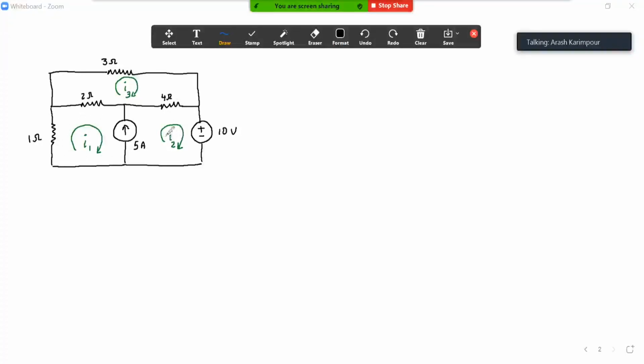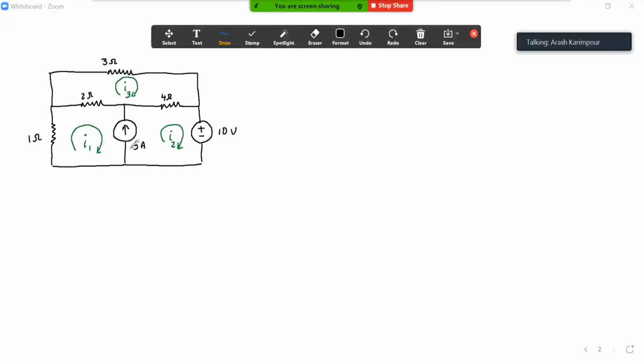The same goes for the second loop: if I write the KVL, I end up having the voltage of this current source in my equation, and because I don't know it, that equation is not going to help me. So I cannot use the first mesh or the second mesh, because they both have the current source in them.